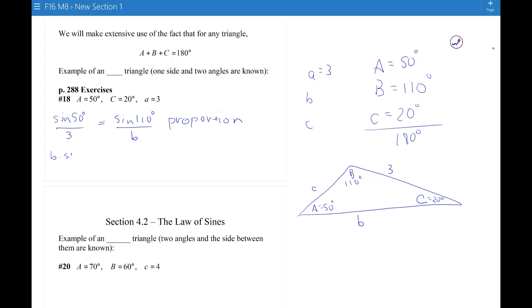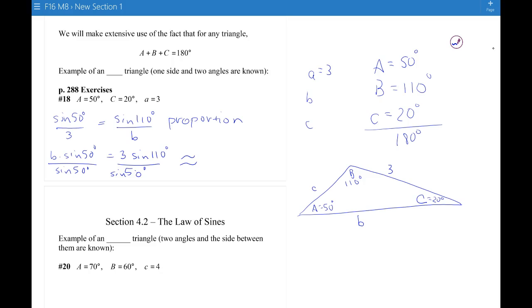So you can have B times the sine of 50 degrees equals 3 times the sine of 110 degrees, and you're going to see that if you divide both sides by the sine of 50 degrees, then you're going to get an approximate number for side length B.